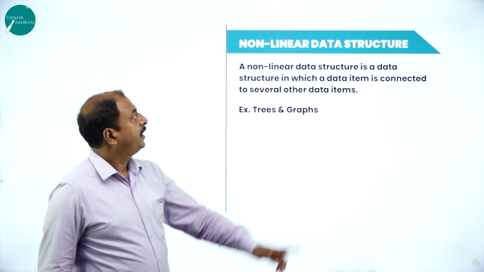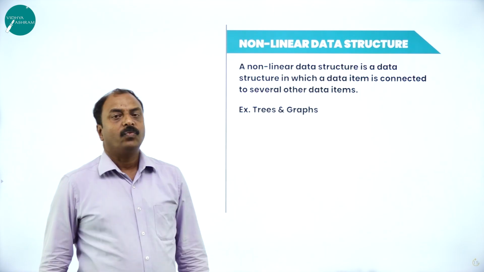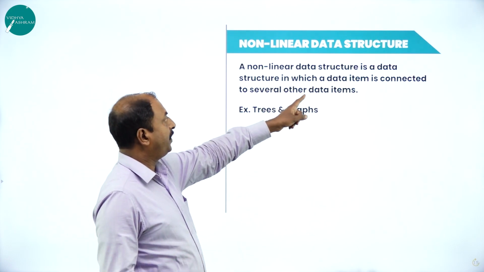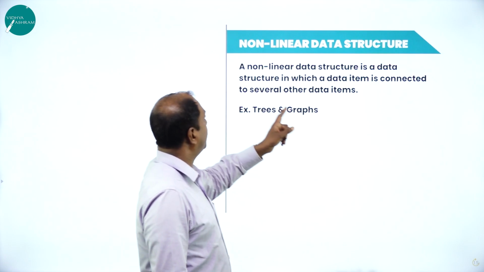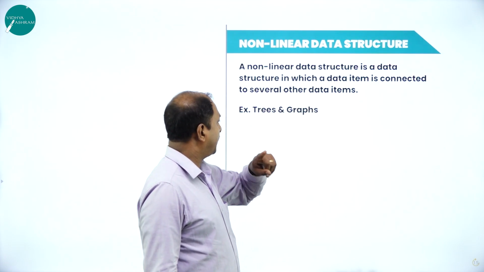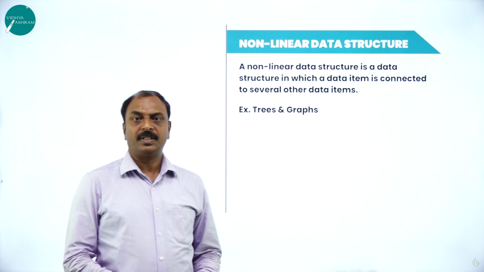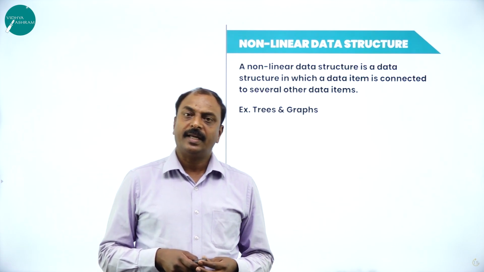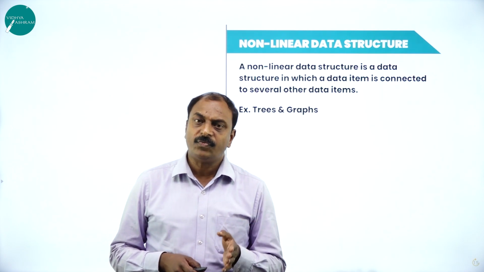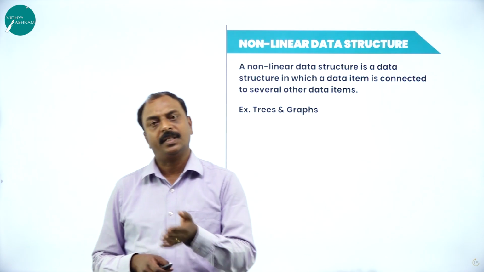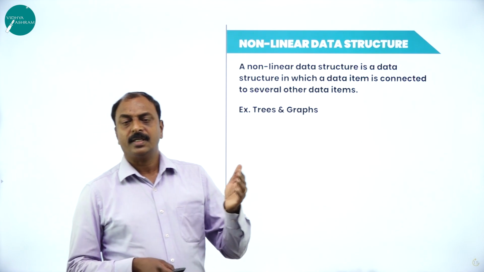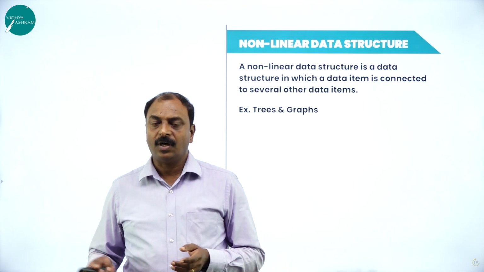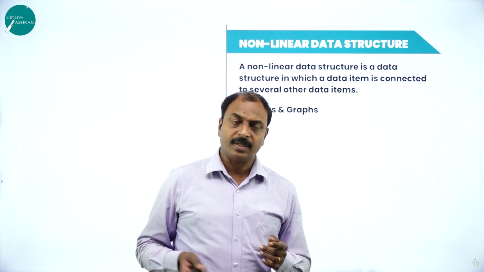Next definition is non-linear data structure. What is non-linear data structure? It is a data structure in which the data item is connected to several other data items. So if you have seen the previous example, linear data structure means there is a connectivity from one data item to another, or all the data items are stored continuously, with continuous index numbers.